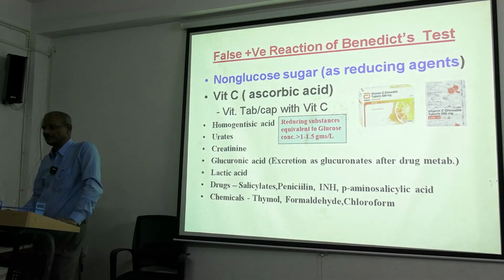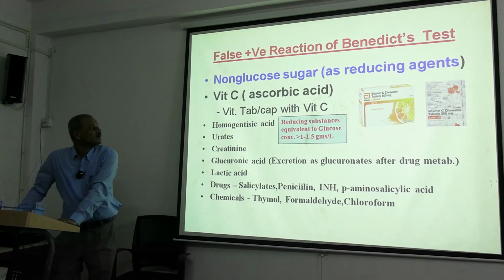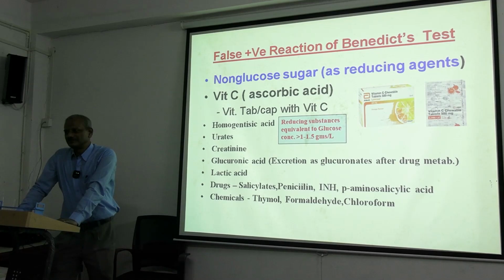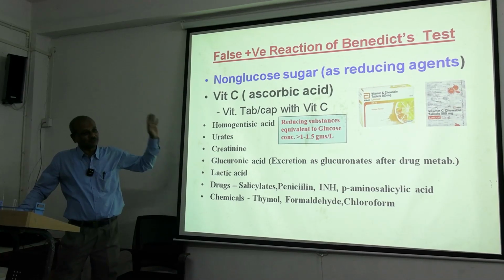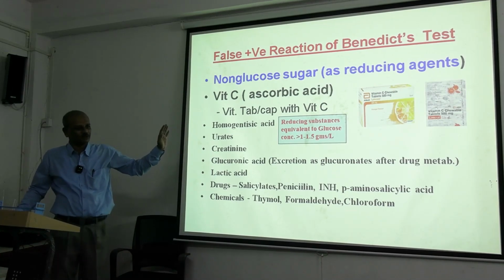At least more than 100 milligram per deciliter is required. Similarly, here it is 1 to 1.5 grams per liter, which means again 100 milligram per deciliter. So that's a high amount. Otherwise, it will not give positive. This part you remember. You may not write this thing, but remember this thing, this must be in high amount. Then only it will be positive.